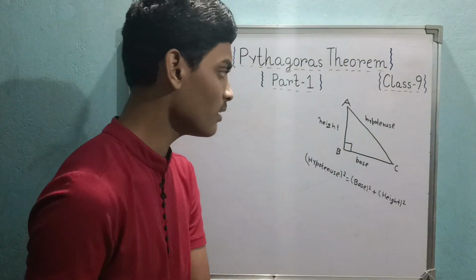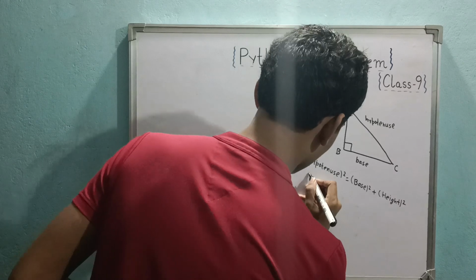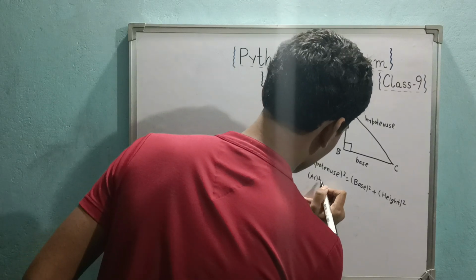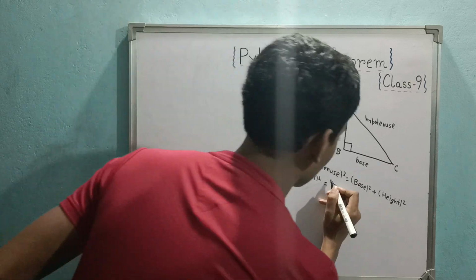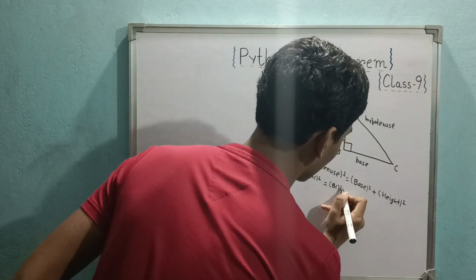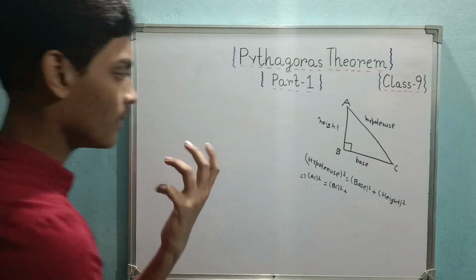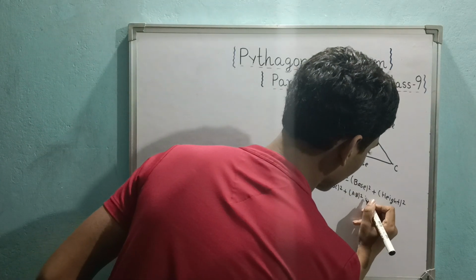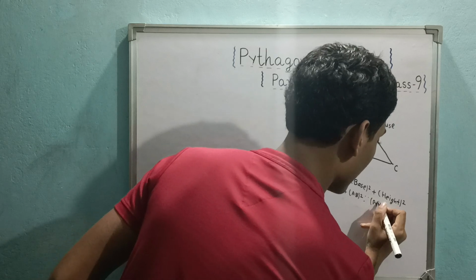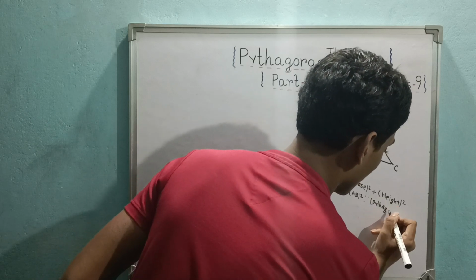And here in this triangle, the hypotenuse is AC. So AC square equal to base BC square plus height AB square. That is the Pythagoras theorem here. Okay, this is the Pythagoras theorem.